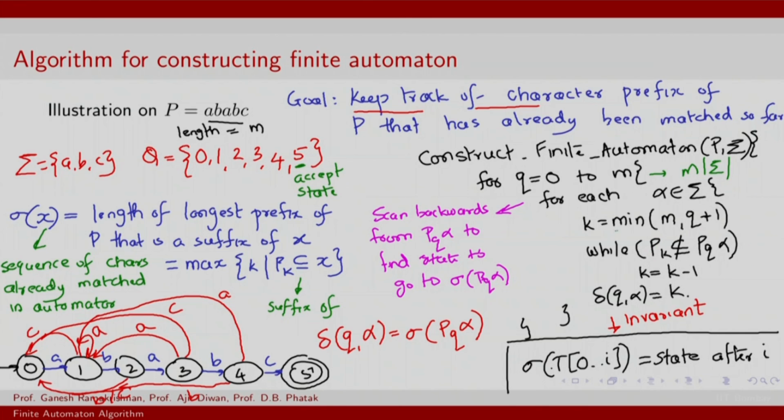Well, I will need to keep going back on the k, and in the worst case I might have to go back all the way to the left. So the third aspect is this while, which will again incur a factor of m, gets multiplied, and finally even to check whether pk is a prefix that matches the suffix of pq alpha, I might incur in the worst case an order m operation. So again multiplying this with m, the overall complexity is m cube sigma.